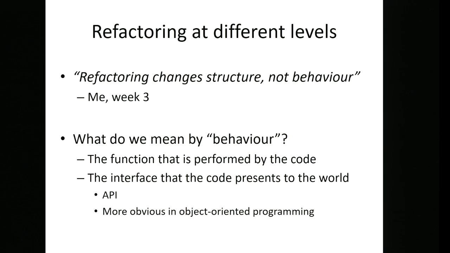That could be in the language that you're coding in, or it could be a remote API, such as a REST API or a web API of some description. Generally the interface is more obvious in object-oriented programming, because it's things like the methods within the classes and the parameters they take. But obviously all code has an interface at some level.